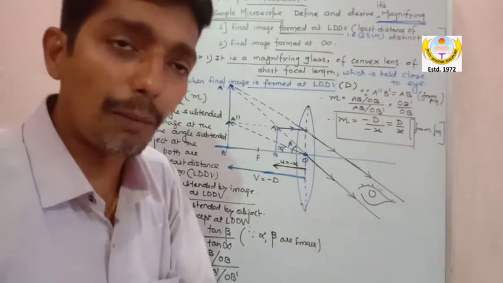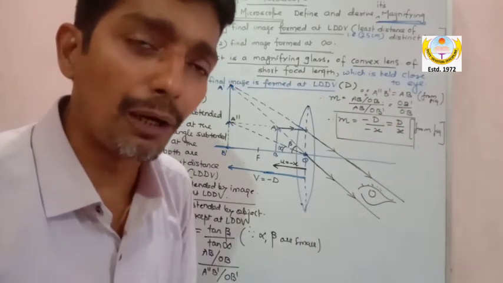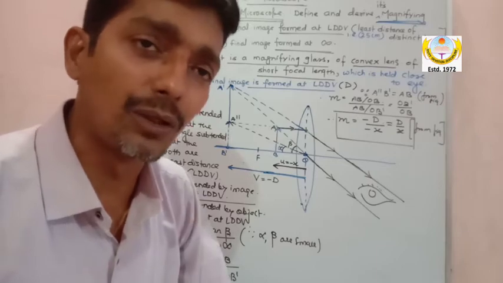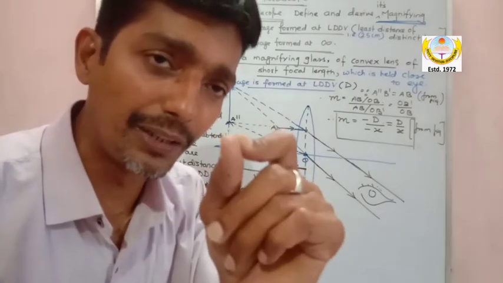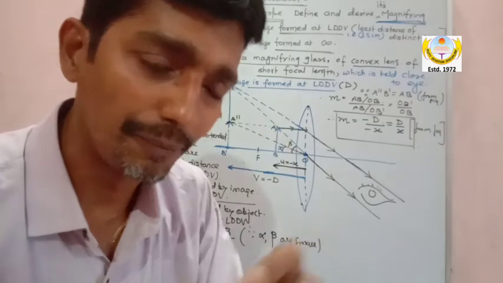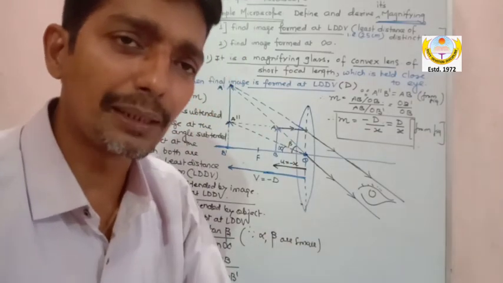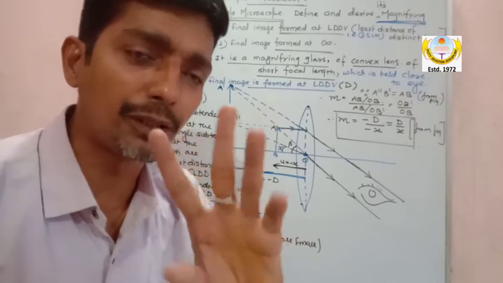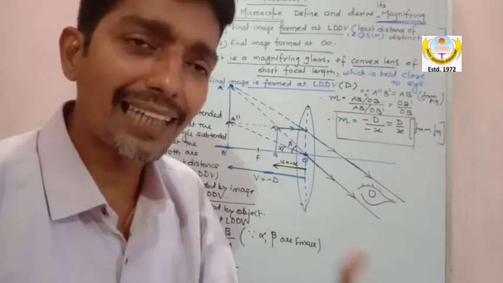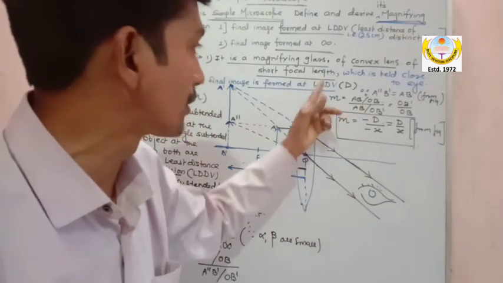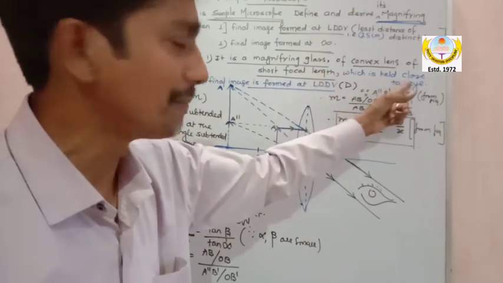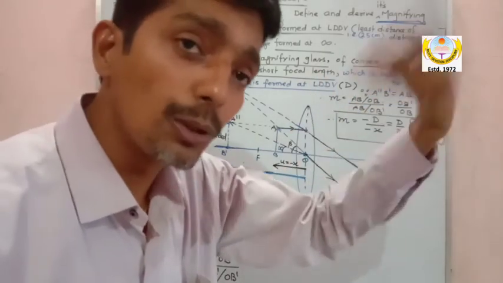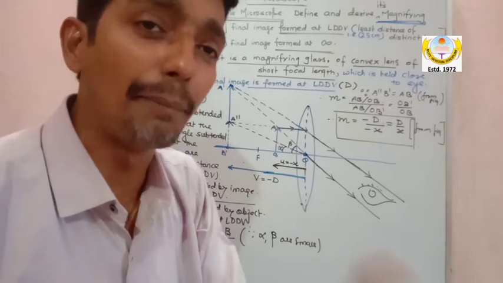Okay. Now my dear, as soon as I go to the compound microscope and the telescope, this is a very golden line I am going to speak to you. As soon as I go to the compound microscope and telescope, there will be a concept of two lenses. One acts as the objective and the other, which is kept close to the eye, will act as the eyepiece.